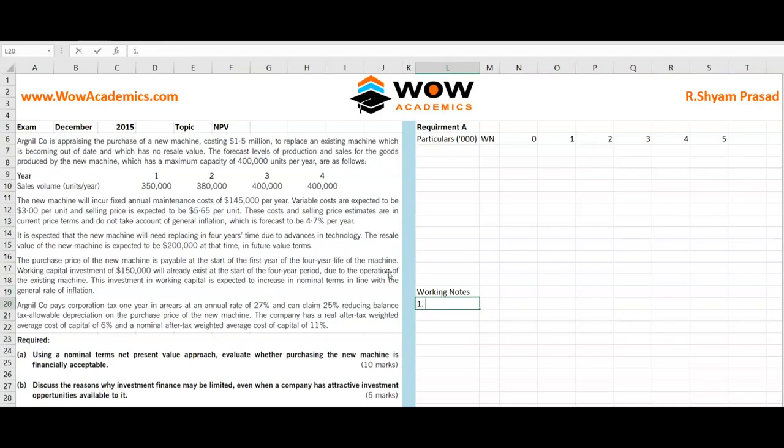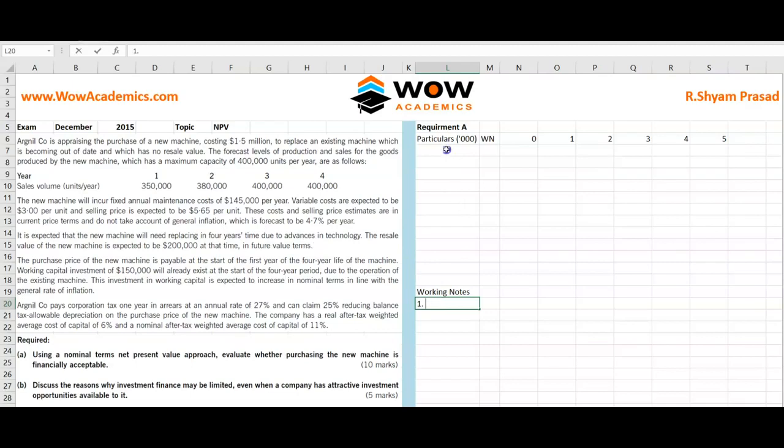If you look at this problem, in order to do it much more shortly, what we can do is, first we can deduct the variable cost from the selling price. We'll get the contribution per unit that we can inflate for 4 years. Okay, we'll get inflated contribution per unit. With that, if we multiply the units, we'll get the total inflated contribution number.